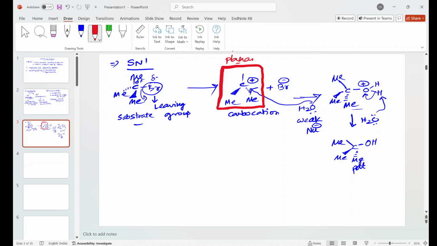So this water can coordinate from this side, or there is another possibility that it will attack from the other side. So you can have both the products.